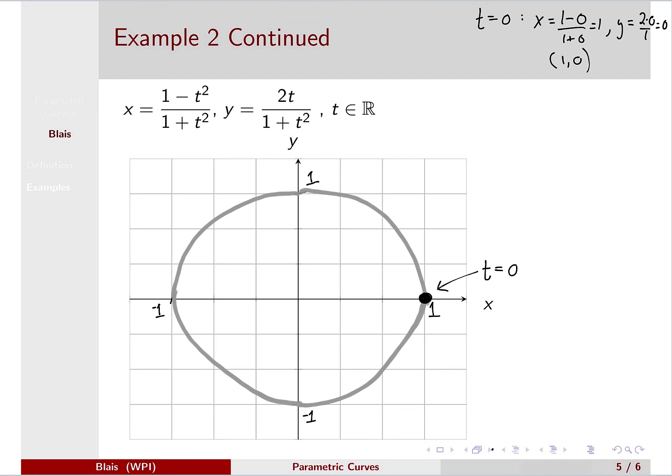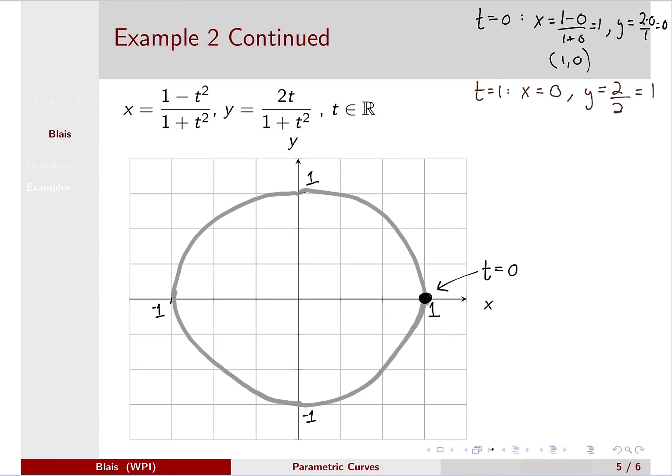How about at time 1? At time 1, our x, we have 1 minus 1, or 0, over 2. So x is 0. y is 2 times 1, or 2, over 1 plus 1, which is 2.